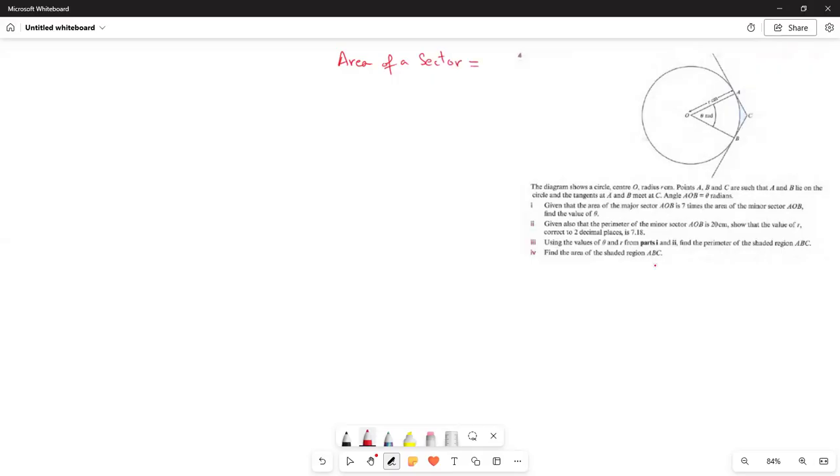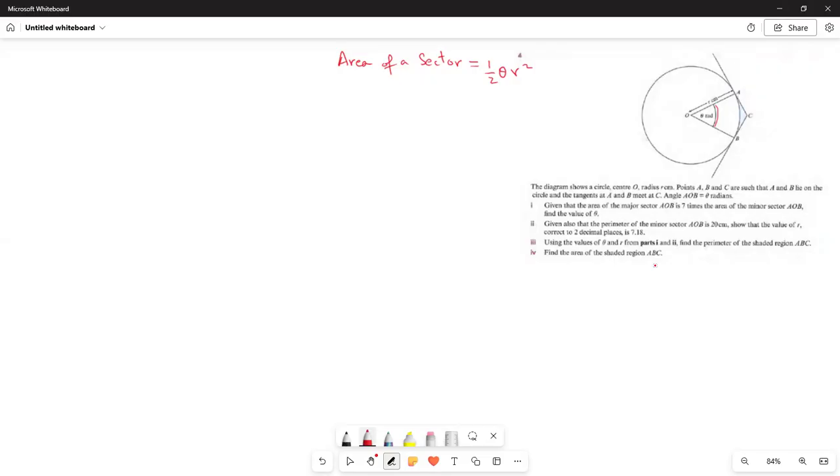And this is equal to half theta into r squared, right? So if this angle is theta, then this smaller area, what are they calling it? Yes, minor sector and major sector.